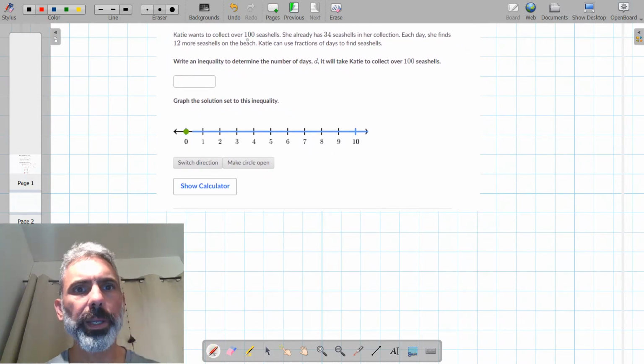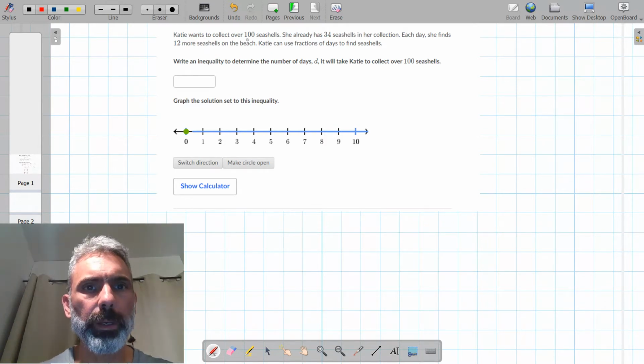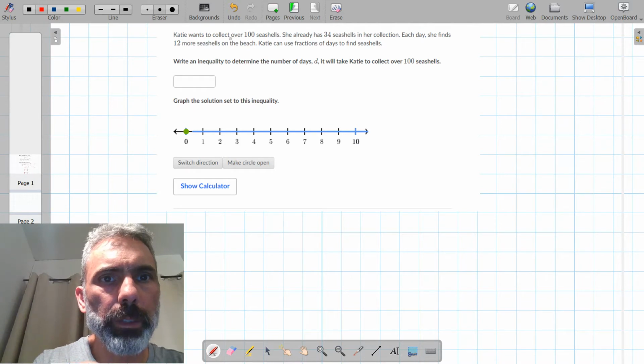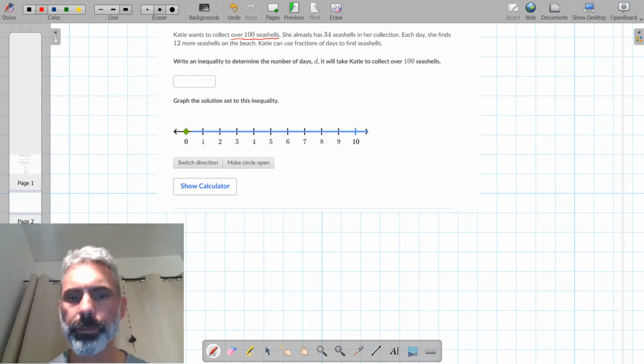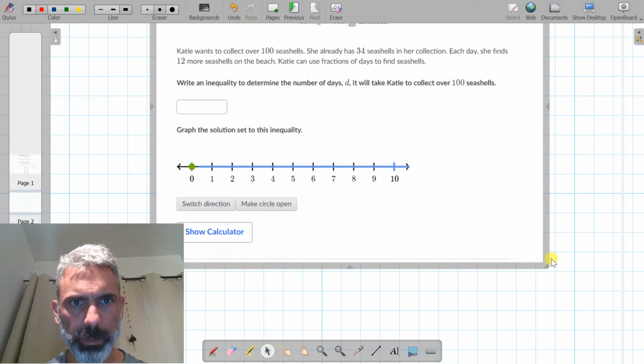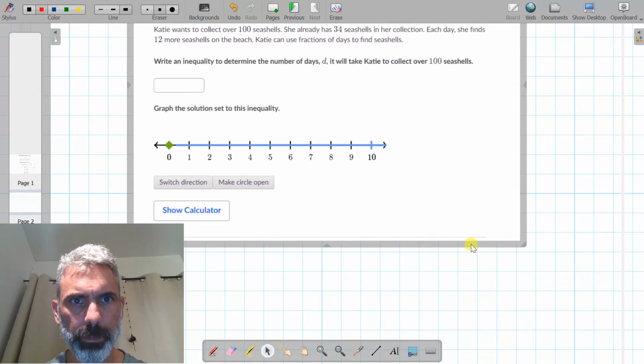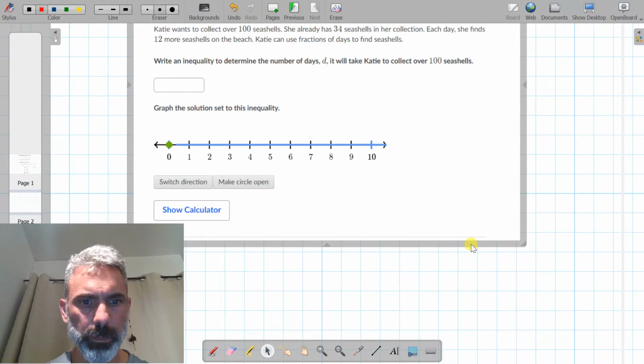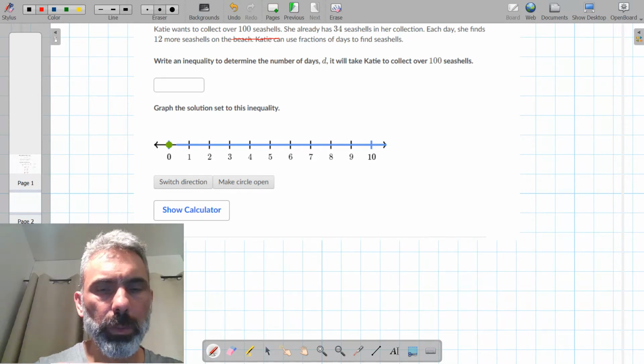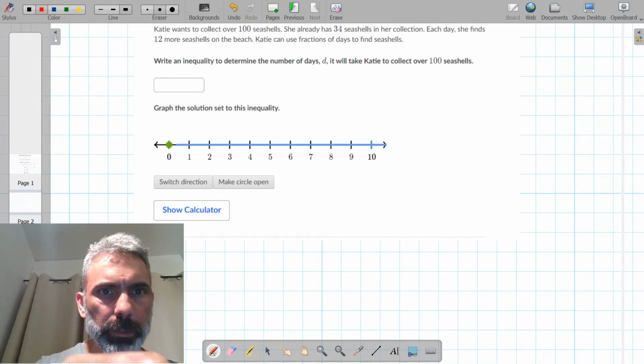Katie wants to collect over 100 seashells. Okay, let me increase the size. So she wants to collect over 100 seashells.